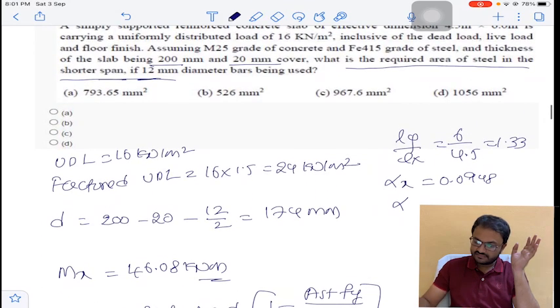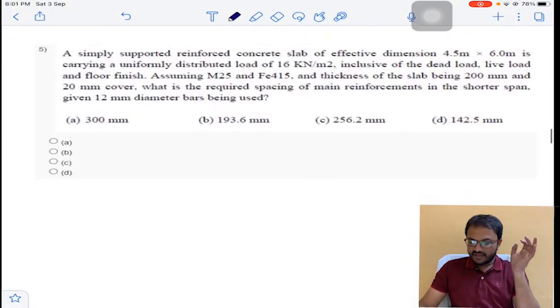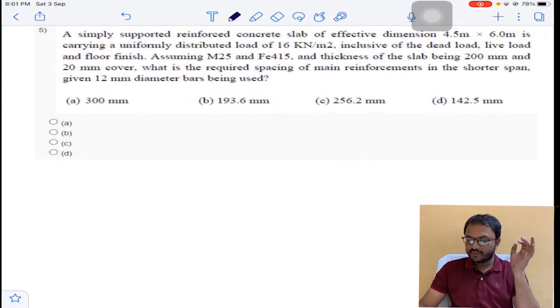So the answer A for question number 4. Okay. Coming to next question. A simply supported reinforced concrete slab of effective dimensions 4.5 meter and 6 meter is carrying a uniformly distributed load, M25 Fe415, thickness of the slab.